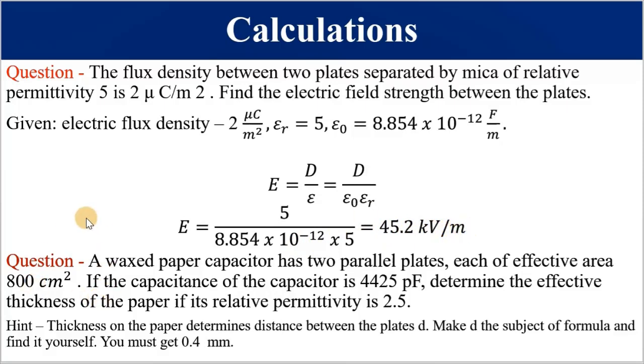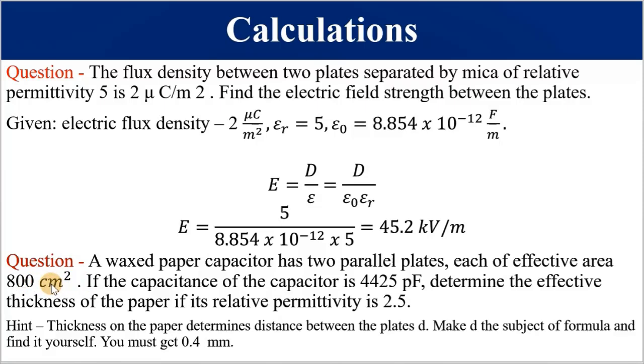Then this one is for you to do on your own, and please take note, there's a hint there for you. You are required to make D the subject of the formula, and your solution must be 0.4 millimeters. And the question is, a waxed paper capacitor, which means this is a dielectric, has two parallel plates, each of effective area 800 square centimeters.